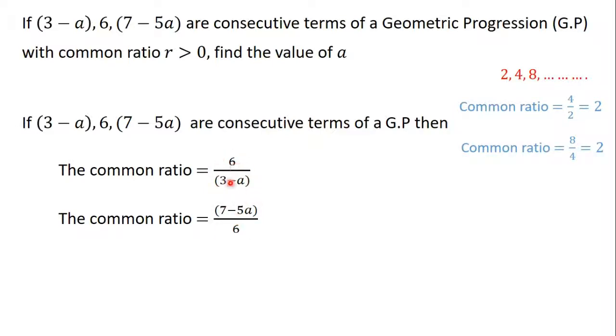The common ratio in the first instance is 6 divided by 3 minus a. The common ratio in the second instance is 7 minus 5a divided by 6. So we have 6 divided by 3 minus a is equal to 7 minus 5a divided by 6. We have our equation. We can solve for the value of a.